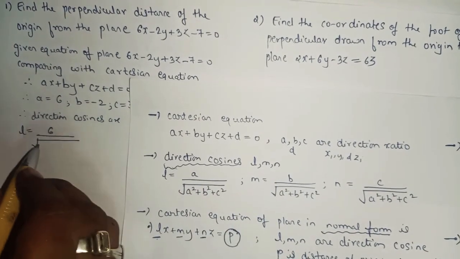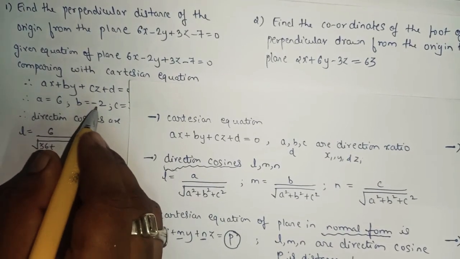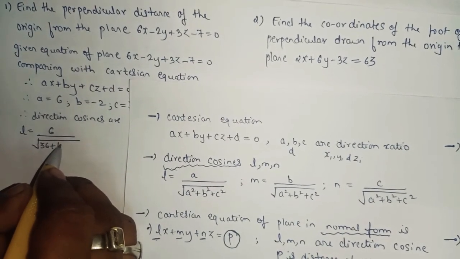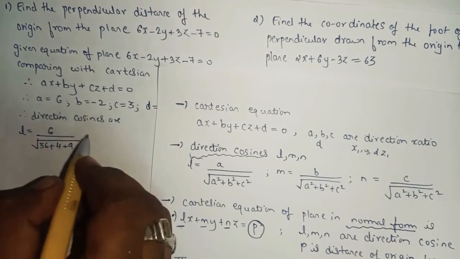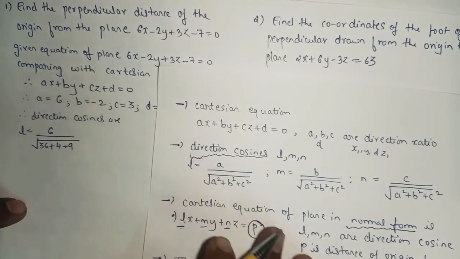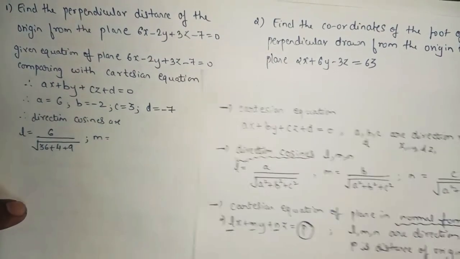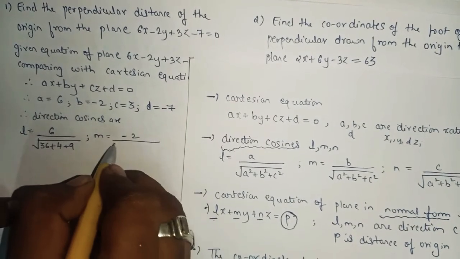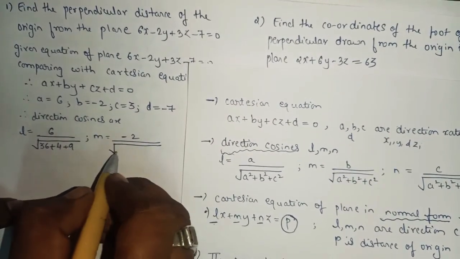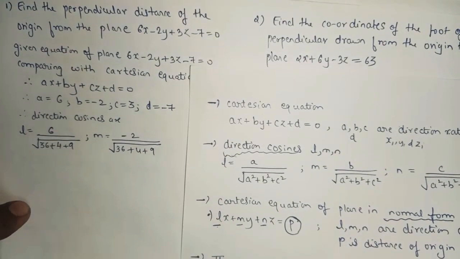6 square, which is 36, plus b square, minus 2 square is 4, plus c square, 3 square is 9. Yes or no? M equals b upon the same, so minus 2 upon square root of 36 plus 4 plus 9.